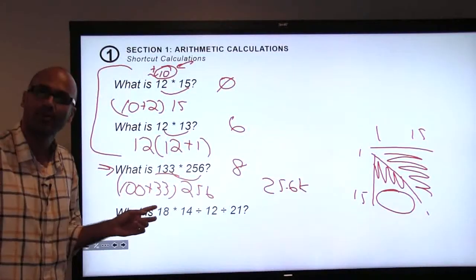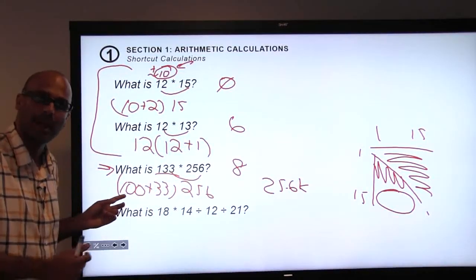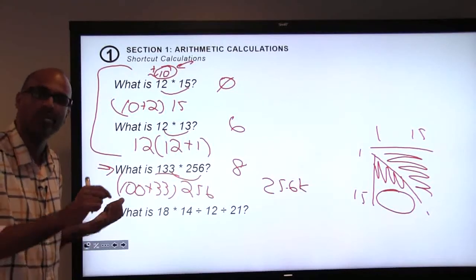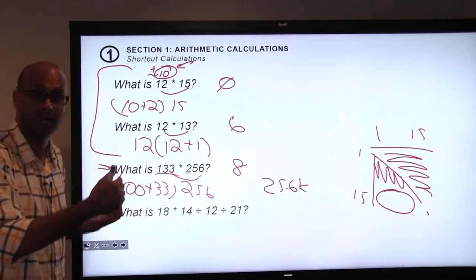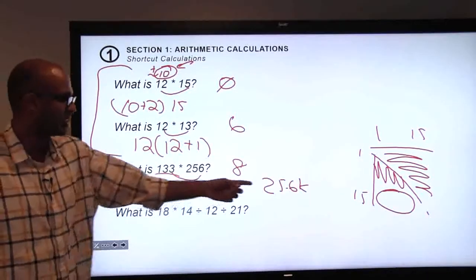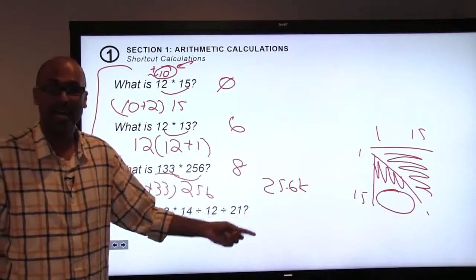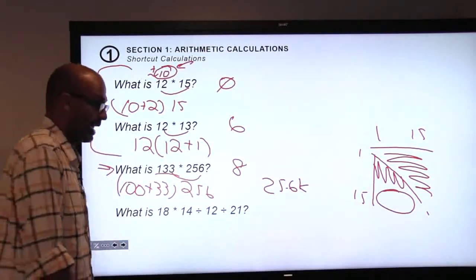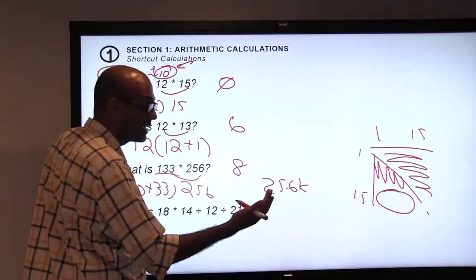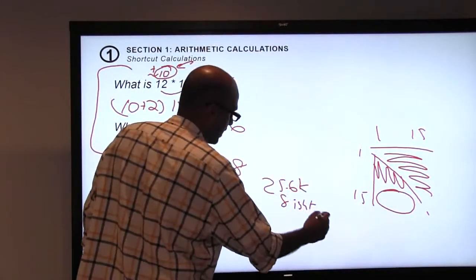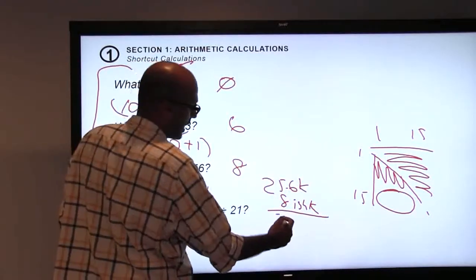Now, what's 33? Well, you know it's about a third of 100. I say about a third because 33.33333333 is really a third. This is about a third, slightly less. Well, what's a third of 25.6K? I don't know. Again, I suck at math, but I can approximate it. A third of 25 is about 8, more than 8. So I'd say to you it's about 8-ish K. Well, when I add that up, what do I get?